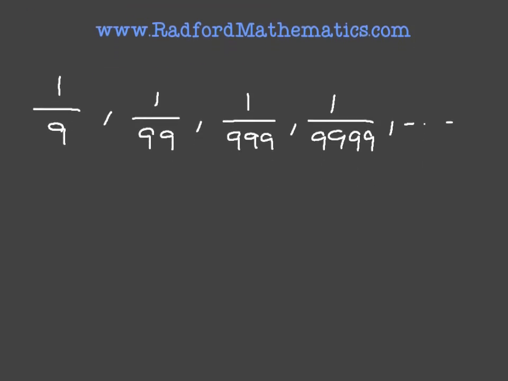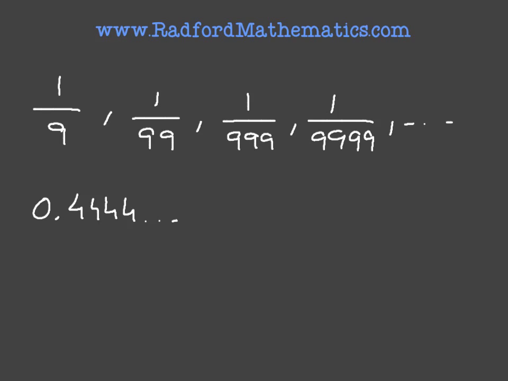Let's get started. Let's say we want to write a number like 0.4444, in which the 4 keeps on repeating itself, as a fraction. Well, the trick in this case is to see that there's only one digit which keeps on repeating itself, and that's 4.